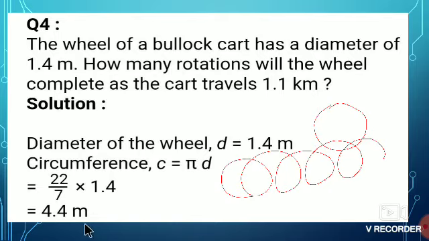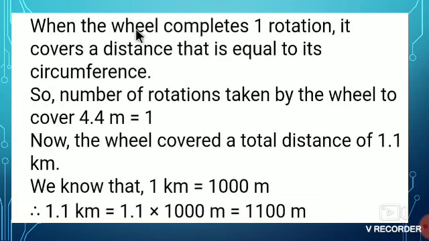But here we find out the circumference in the form of the meter, and here kilometer is the unit. So we cannot calculate here before converting it. Both the quantities should be in the same unit, so we should convert this kilometer into meters. When the wheel completes the one rotation, it covers a distance that is equal to the circumference.